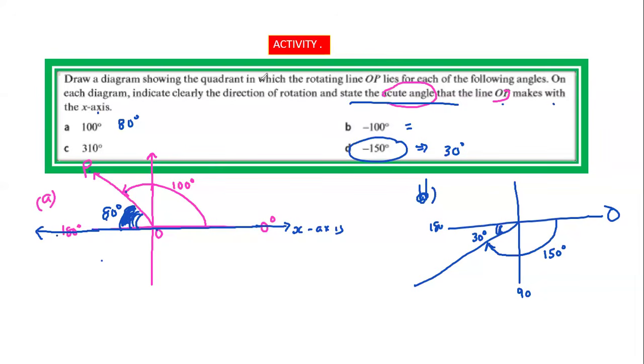Wabi? Okay, teacher. It was somehow the same question because when I tried out part B of negative 100 degrees, I also got 80 degrees.